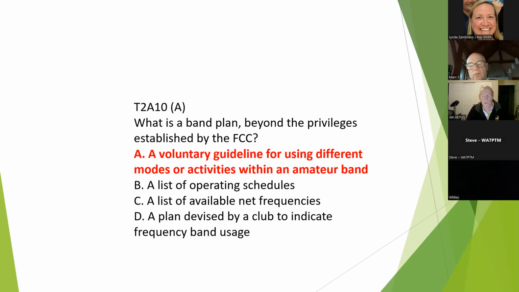So it's a pretty complex exercise. And in some areas, because each repeater has to have two frequencies, there's no room for any other new repeaters because there are so many reservations already on the amateur band. So that's basically what the band plan is.